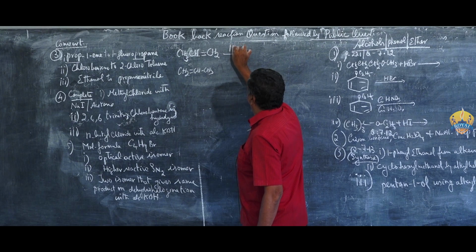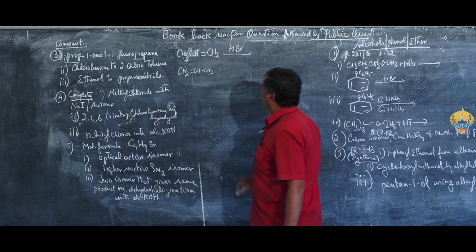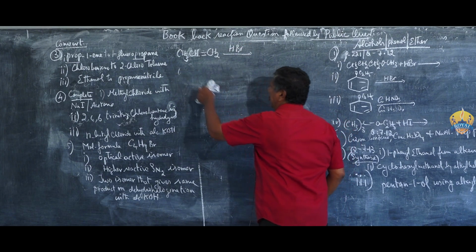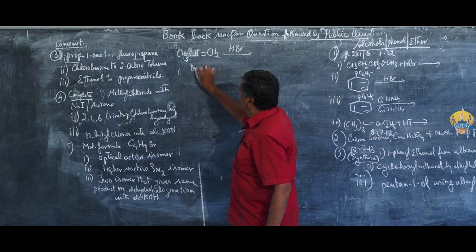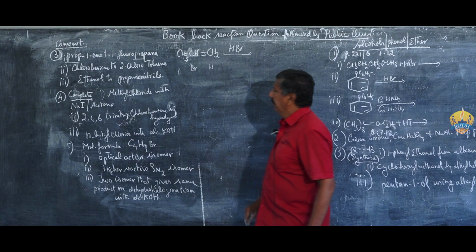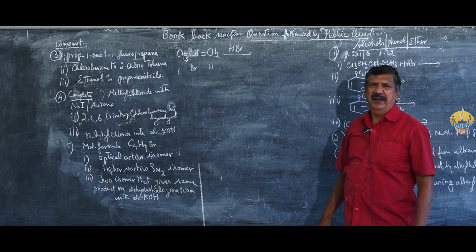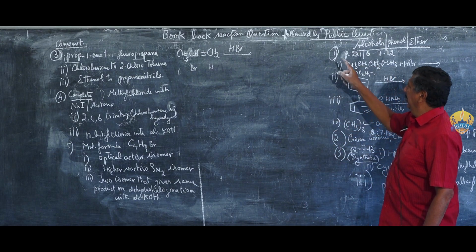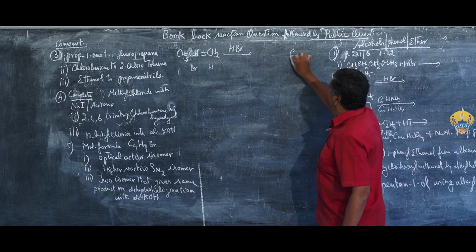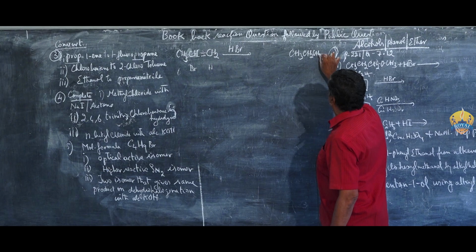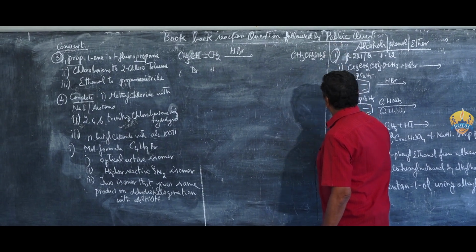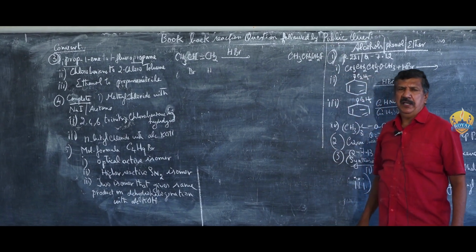Now I am treating with HBr. When I treat with HBr, what will happen? The Br will come here and the H will come here. But this is not required, because the question says the fluoride is at the last carbon.